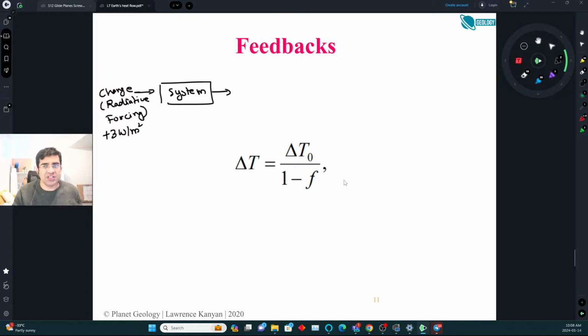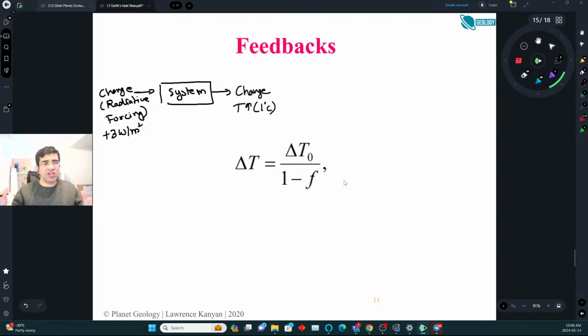So the system responds by some change. Your temperature increases, let's say by 1 degree Celsius, because of this.